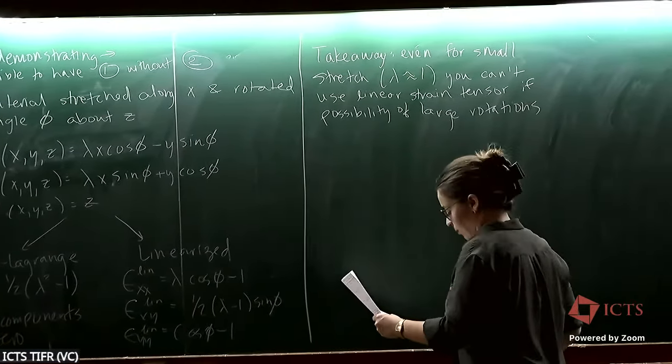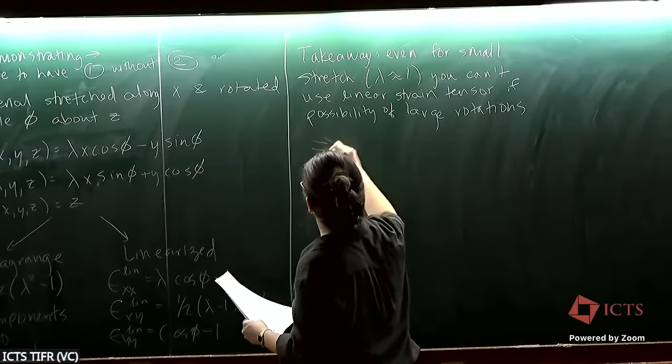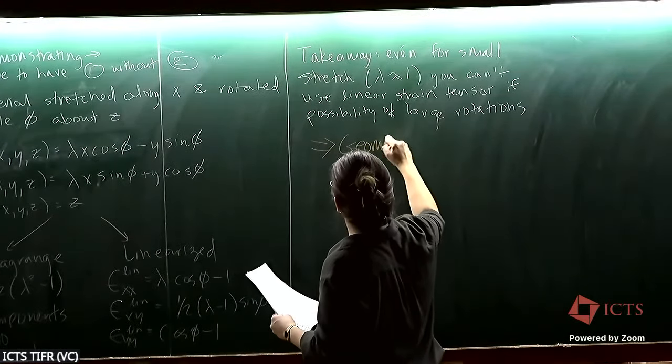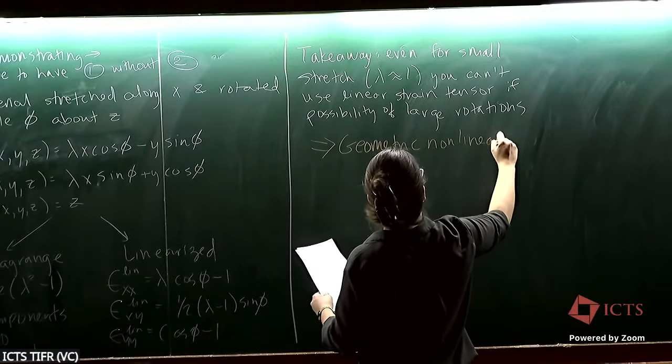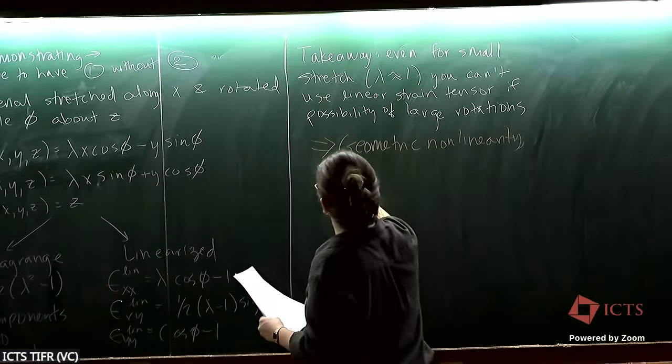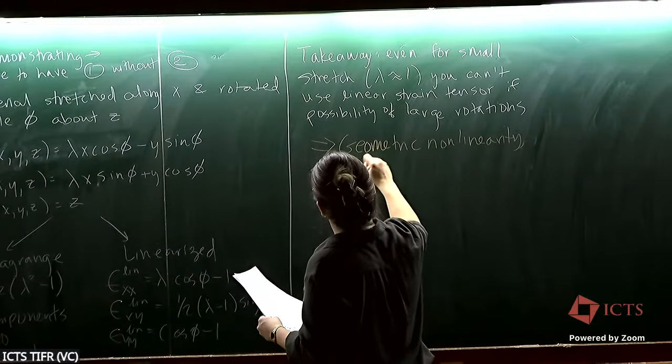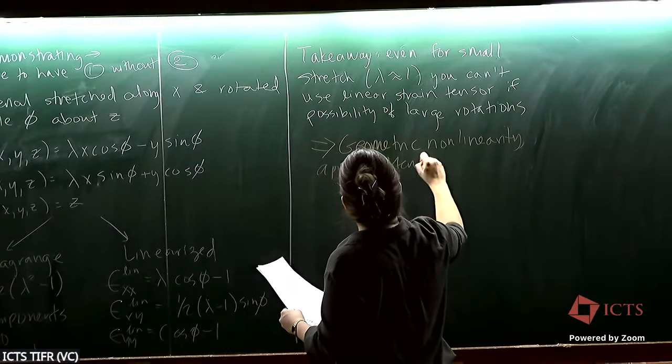And this is what we call needing to include a geometric nonlinearity. And this appears often in slender structures.